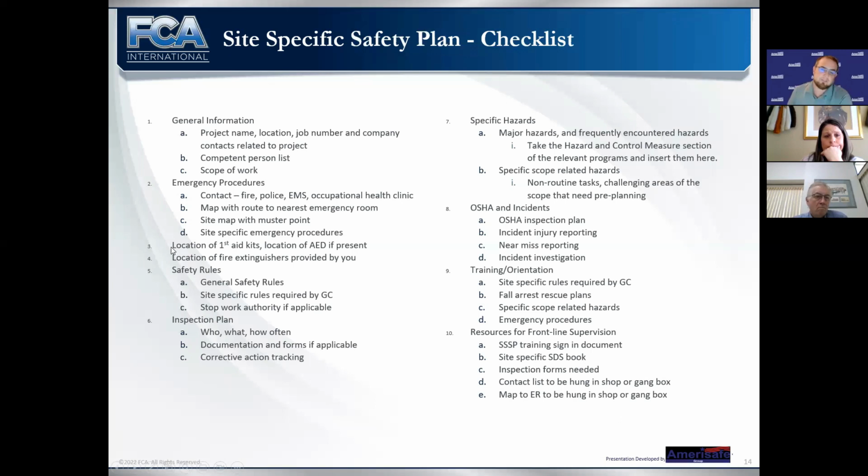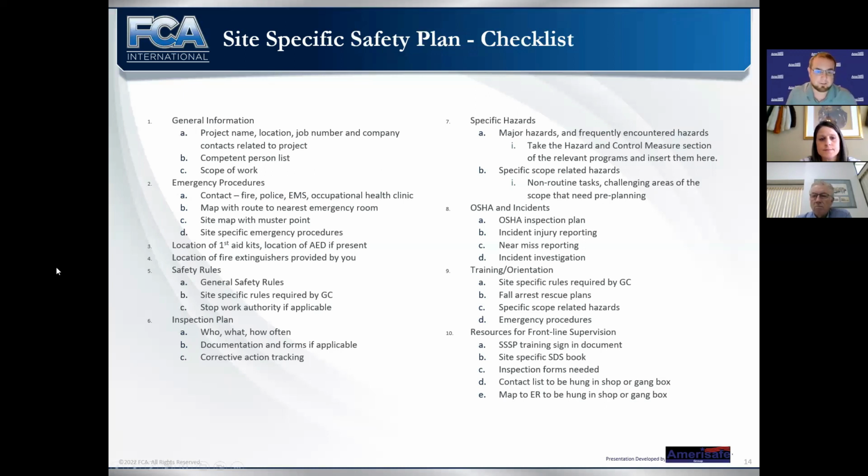The location of your first aid kits and AED are generally pretty consistent, right? We generally put them in the same place no matter where the job is. It's generally in a gang box. If we don't have first aid kits that we're sending, we may ask the general contractor where theirs are, but realistically, we need to be providing our own.